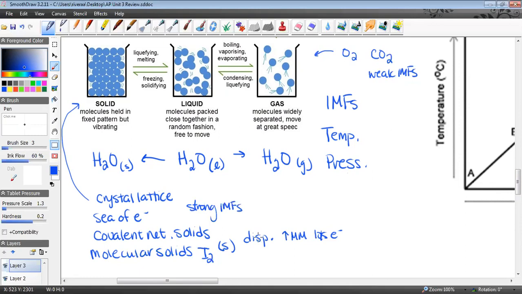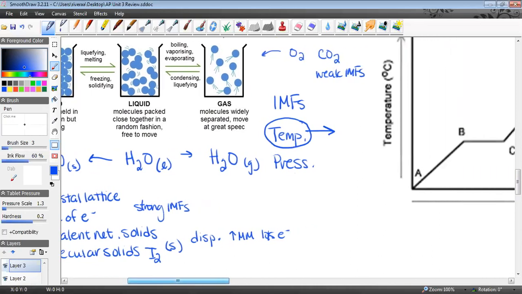Okay, so be thinking about all of the factors that play a role in states of matter. And we can look at changes in state in two different ways. We can look at it in terms of just temperature change. And when we do that, we're going to look at this graph over here on the right, and these are called heating curves.